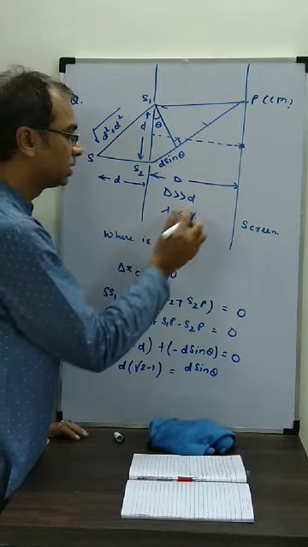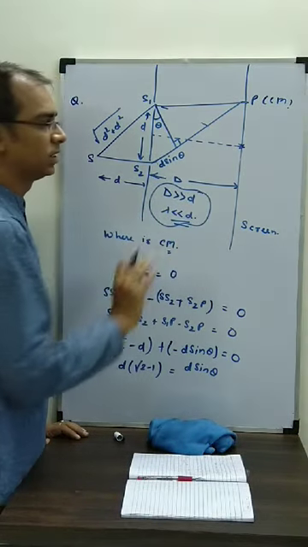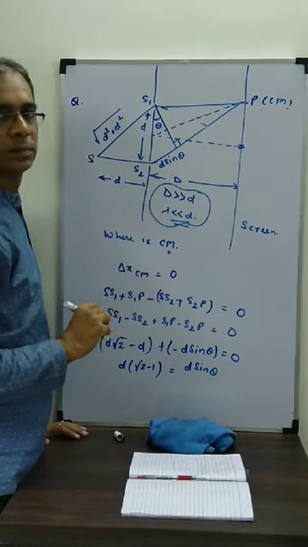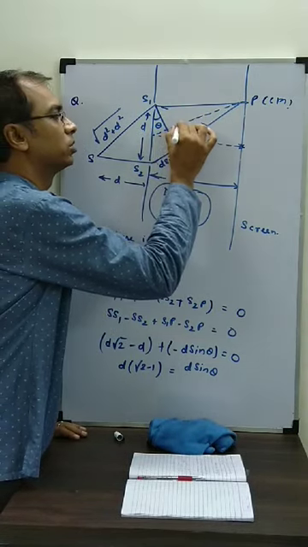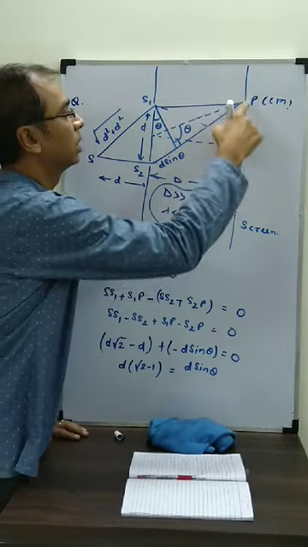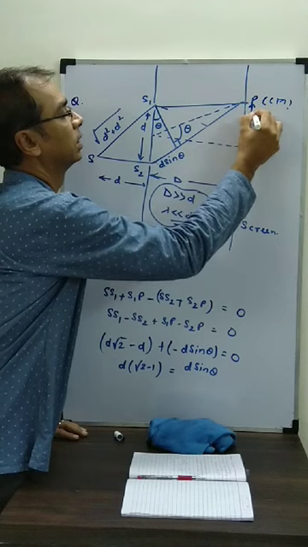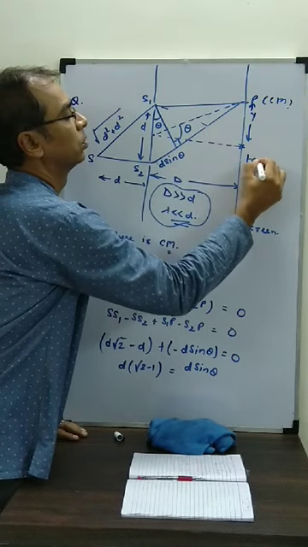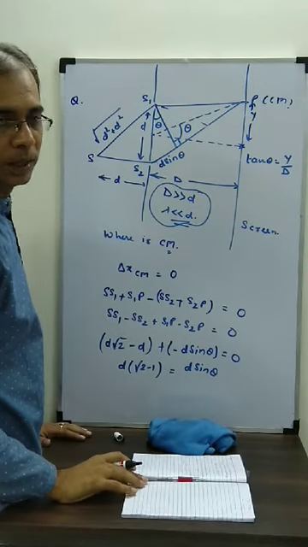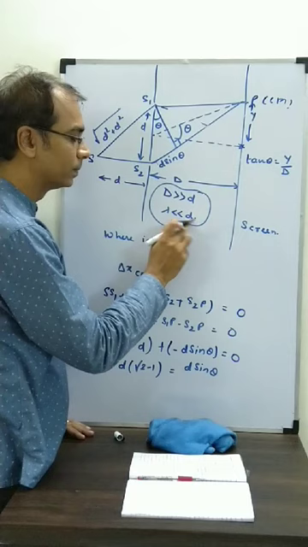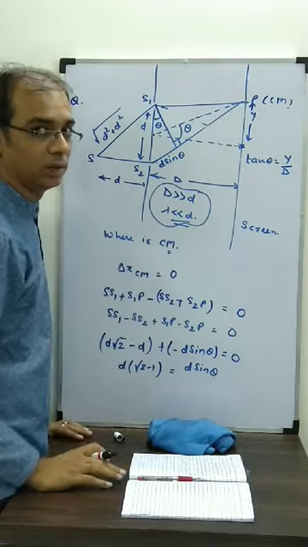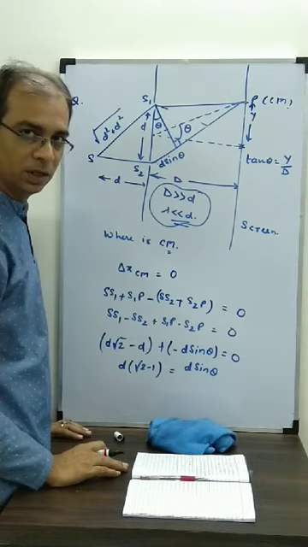Now if this is valid, as given, what we can do is join this with this again. If this is theta, this is also theta. In this triangle, I can write tan theta equals y by D. And since lambda is very, very small as compared to D, theta is very, very small, so sin theta and tan theta will be equal.